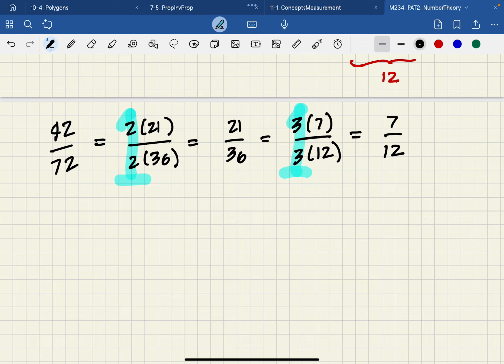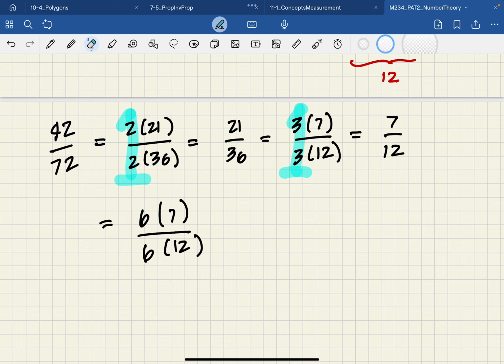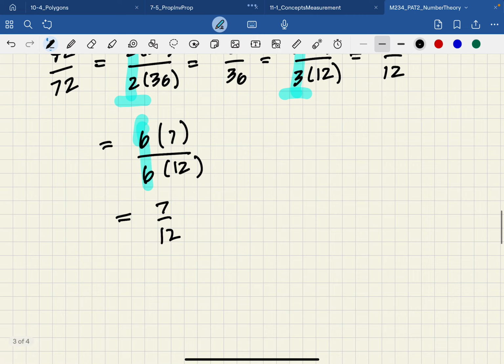But I don't know if you noticed this, the thing that we pulled out was, if we think of it carefully, this is what we really did: we had 6 times 7 over 6 times 12 that we canceled, right? And of course, that's exactly the 7/12 that we get over to the right. And the thing that we happen to cancel here turns out to be the GCD, right?